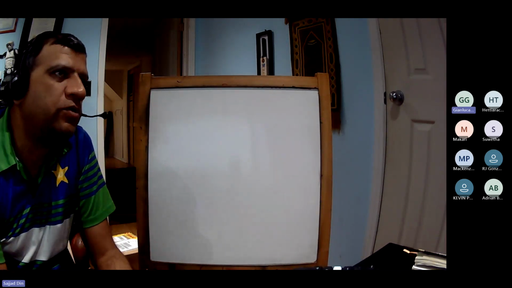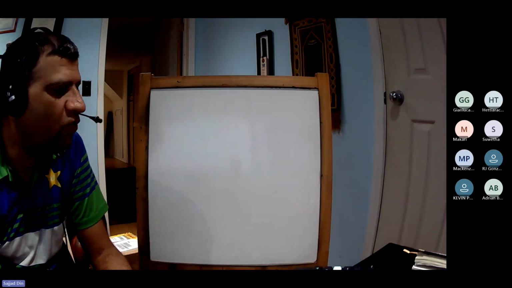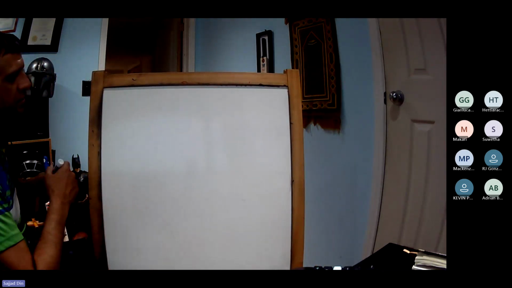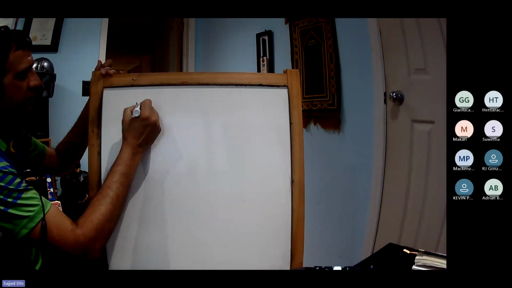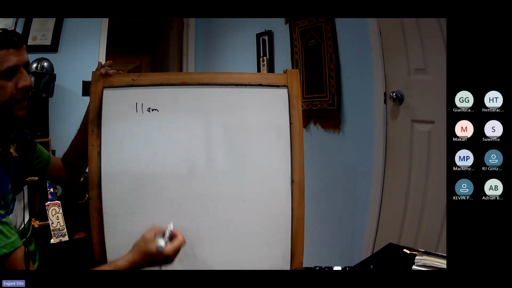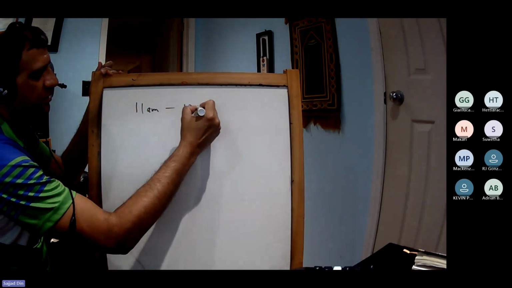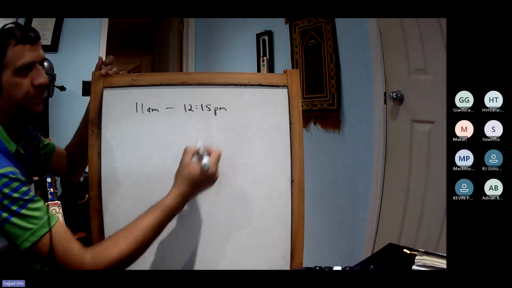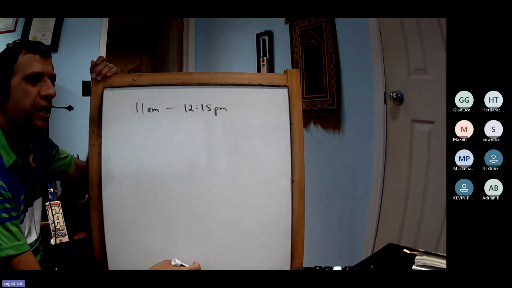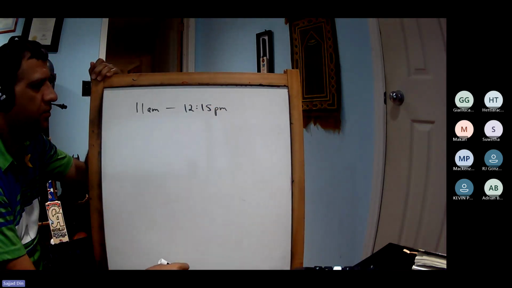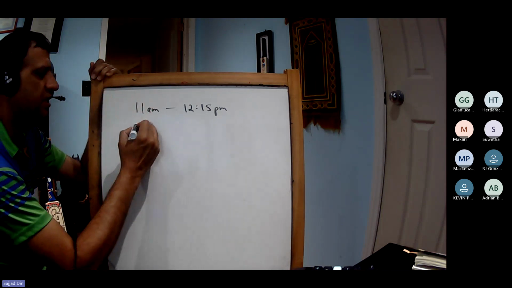Are you guys all okay with the times? I'm talking about 401 and 402. For 401 and 402, the suggested times are 11 a.m. and it'll last till about 12:15 p.m. The only reason I asked that you attend one of these sessions is I just want to make sure you're doing the test yourself.